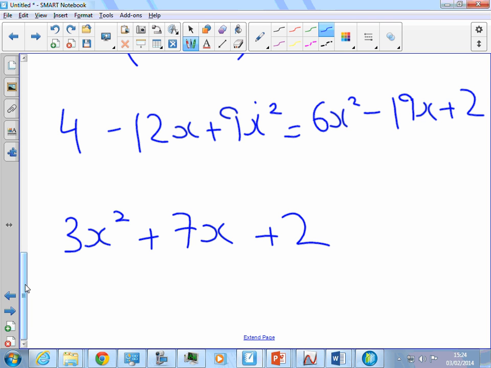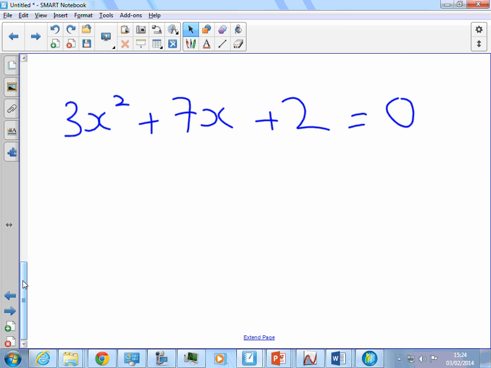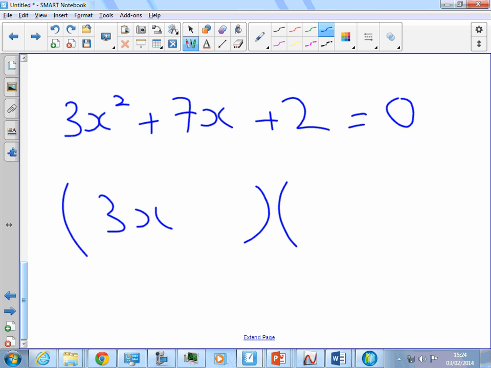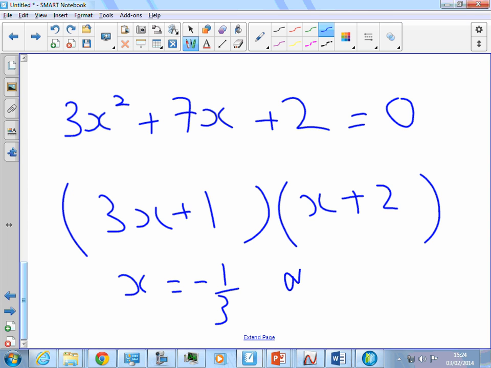I believe that is correct. Thank you very much. And here I can see a straightforward factorization. 3x plus 1 times x plus 2, so x is equal to minus a third, or x is equal to minus 2.